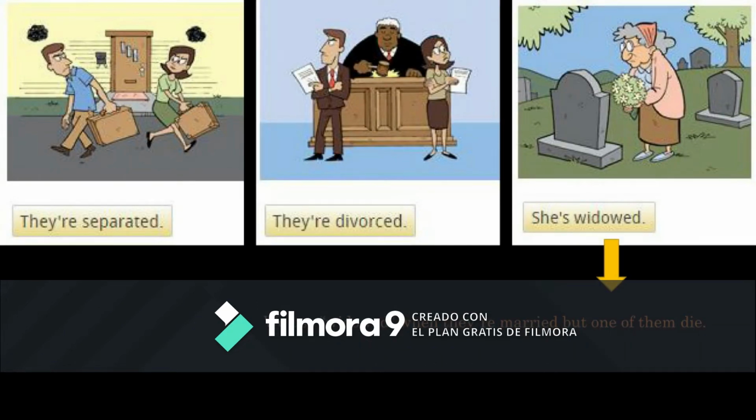Okay, in this part, we have three pictures again. In the first picture, you have a couple that is separated. The key part is to understand that they have left the relationship, but there's something by law that still makes them engaged or married in this case, right? Okay, in the second picture, you have to take a look. They are by law separated because there is a paper signed by the judge.